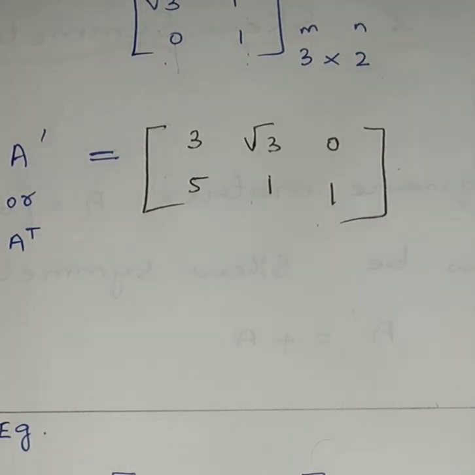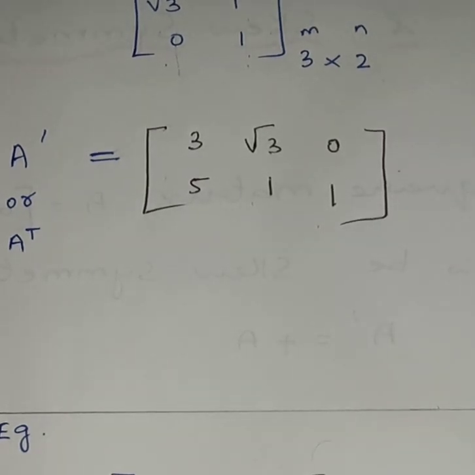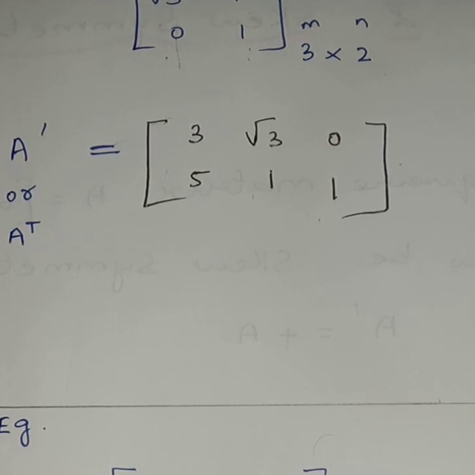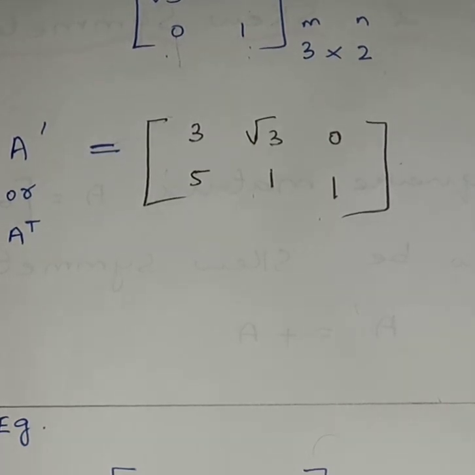The second row will become the second column. So this is the transpose of matrix. So what is the order of this? 3 rows and 2 columns. So you can see the order of a matrix, right? If it is 2 cross 3, then the transpose order will be the reverse of it, 3 cross 2.